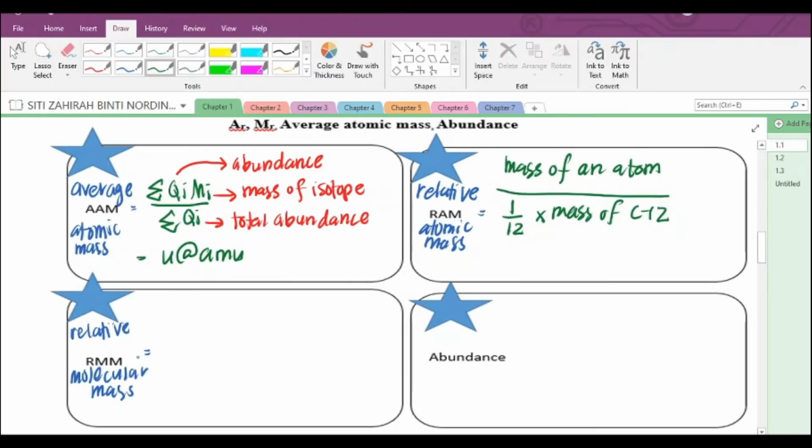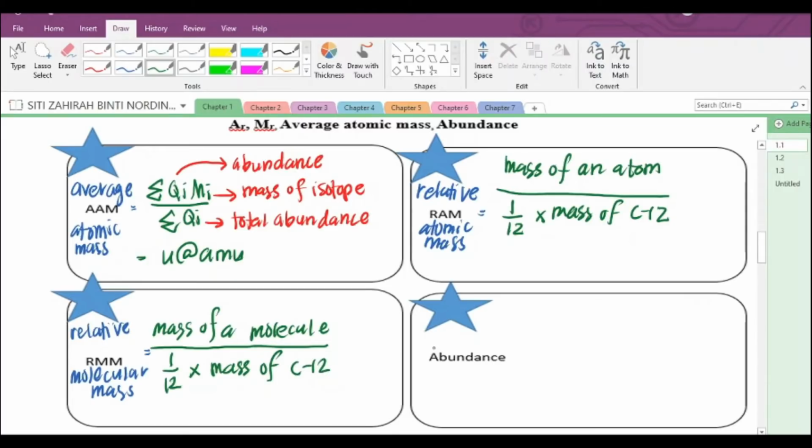Relative molecular mass is just the same as relative atomic mass. It's just that for RMM, we are looking for the mass of a molecule divided by 1/12 times the mass of carbon 12.